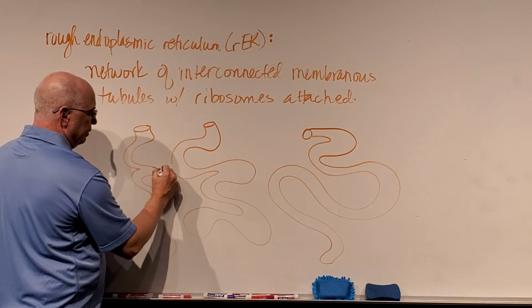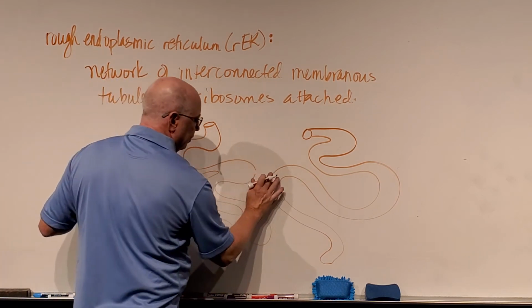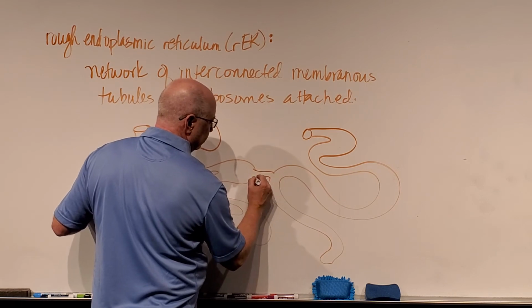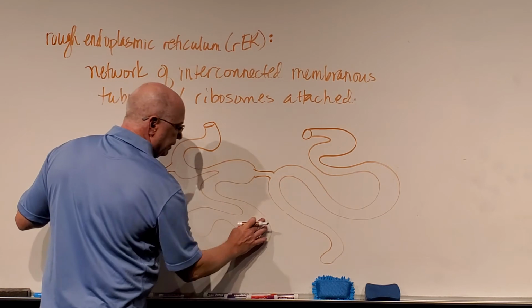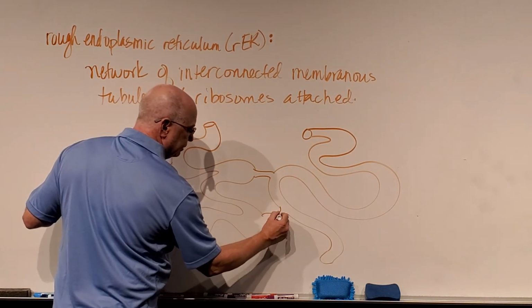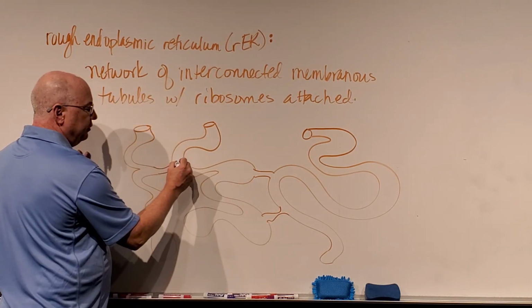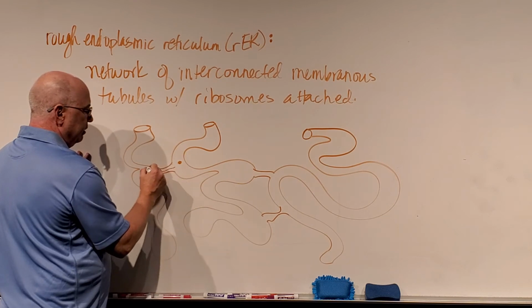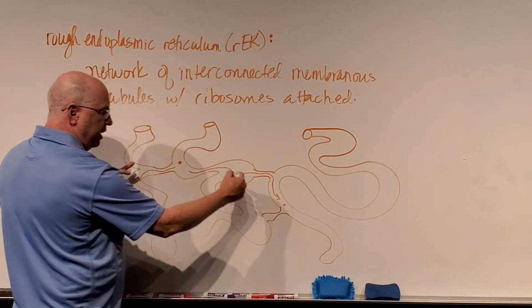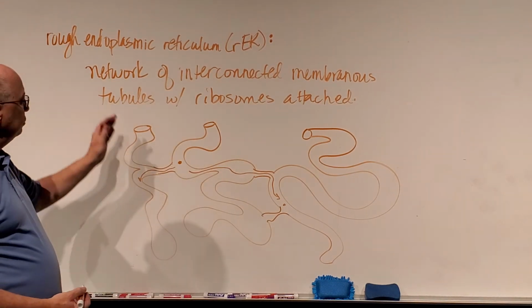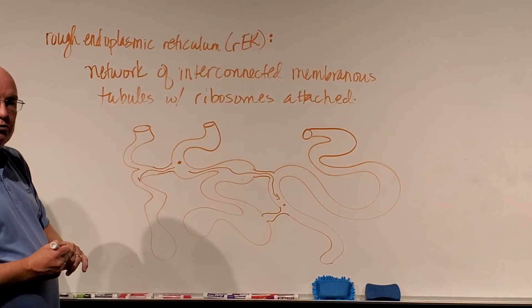Well, it turns out that sometimes they are connected to each other so that I have a series of interconnected membranous tubules, and they can be interconnected in a number of places so that anything that's flowing inside this membrane can move around over here or make it over here and flow around in this maze of membranes. So it's a network of interconnected membranous tubules.